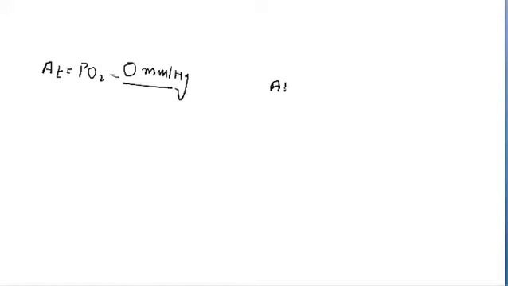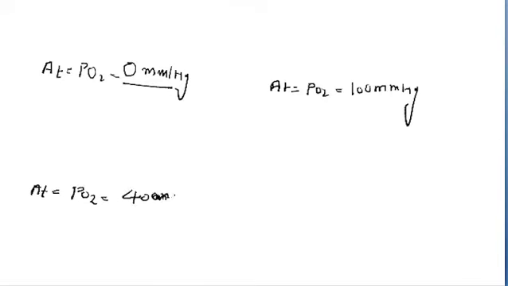And at a pressure of oxygen of 100 mmHg, at this time what happened? And at a pressure of oxygen of 40 mmHg, at this time what happened? This graph shows all the activities in a single graph.